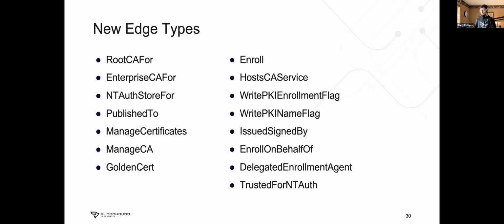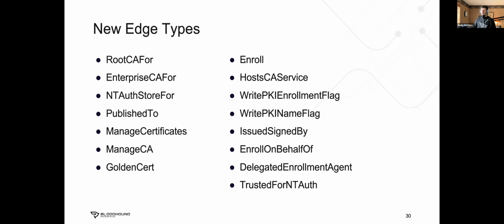Golden cert is an edge that will be created if a computer is hosting a CA service, which is a root CA for the domain and is also trusted for NT authentication in the domain. And the attack there is that you can pivot to that system and you can mint your own golden certificates and impersonate anybody in the forest without having to worry about any of the other stuff.